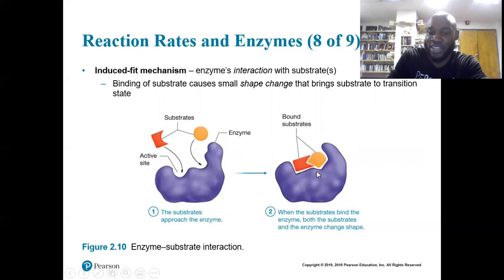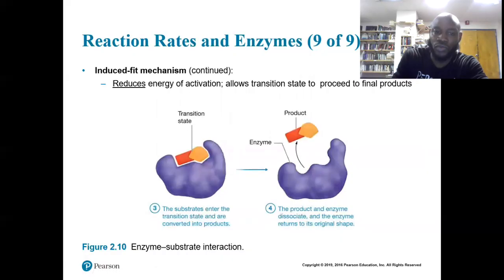So the enzyme makes it more likely for these two to react together. It reduces the energy of activation, because you bring them so close together. It allows the transition state to proceed to final products, and you get the product that you were looking for.